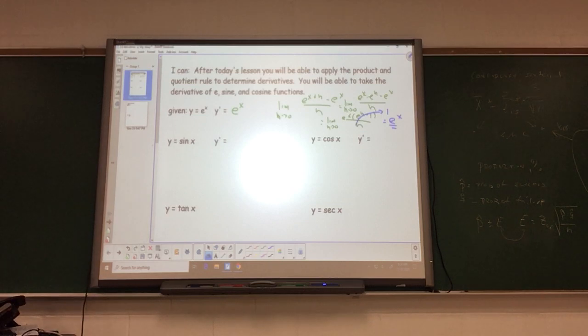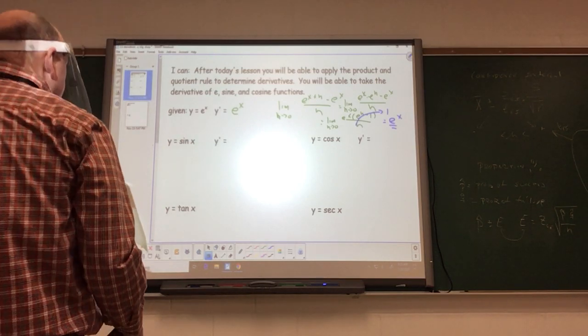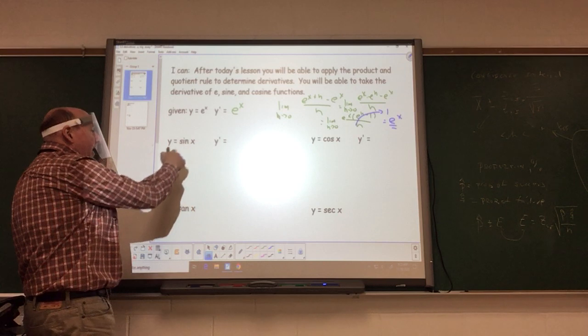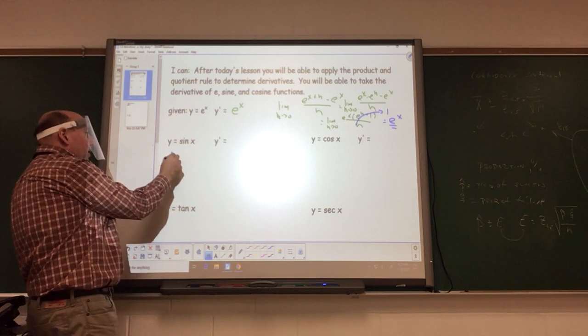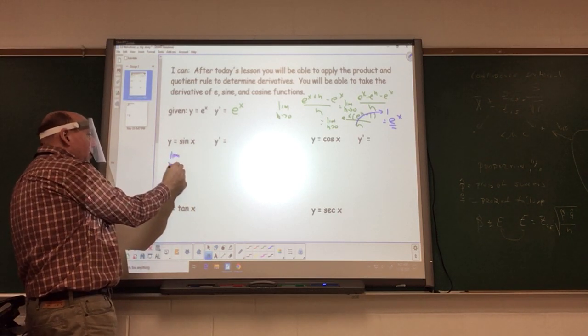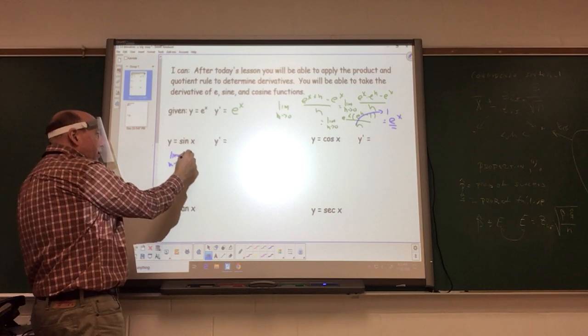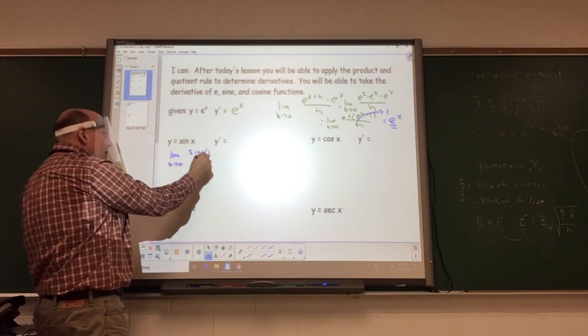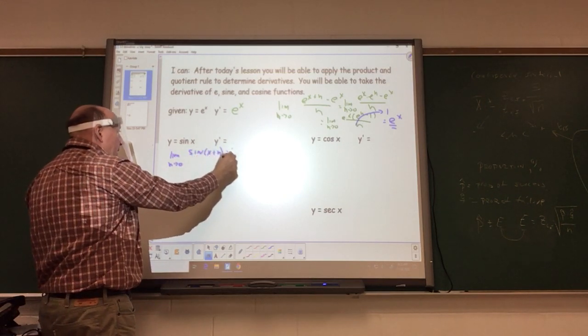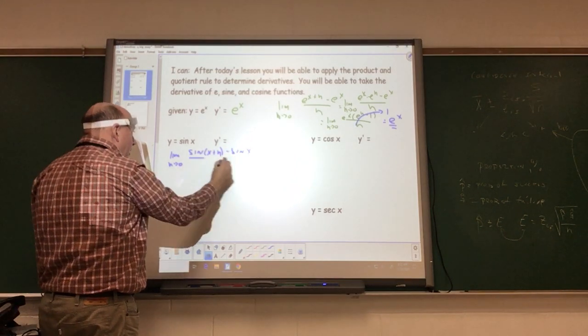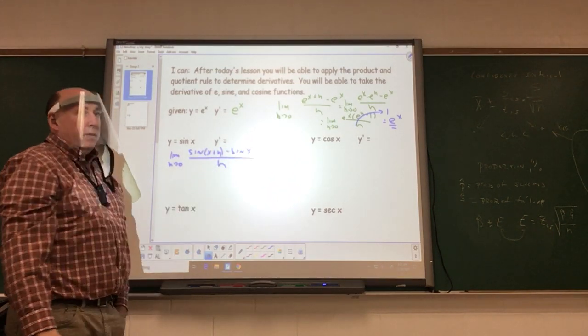Now, dealing with the trigonometric functions, we have to deal with the same rule of limits and derivatives. If I have the limit of sine of x, we have the limit as h approaches 0 of sine of x plus h minus sine of x all over h.